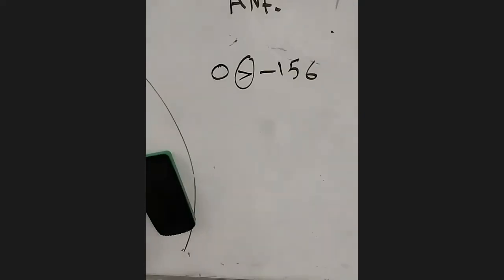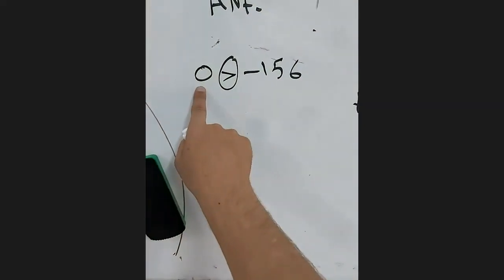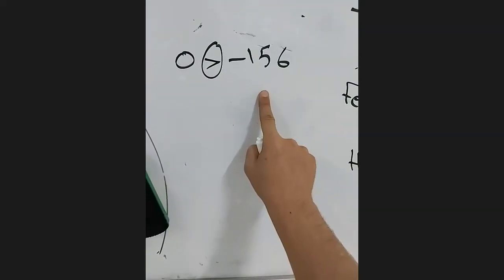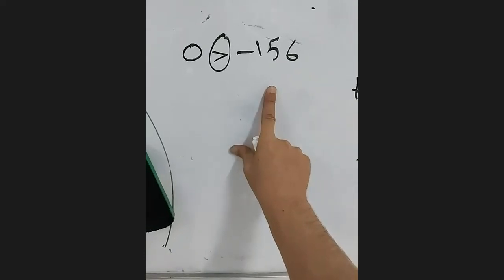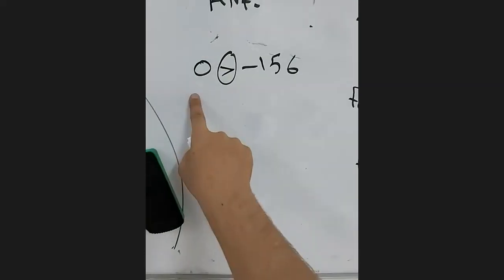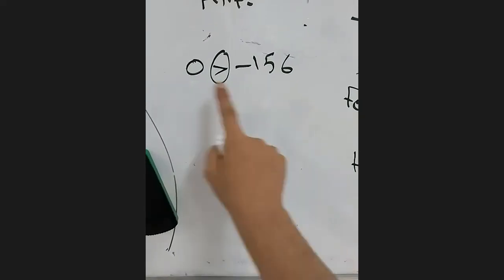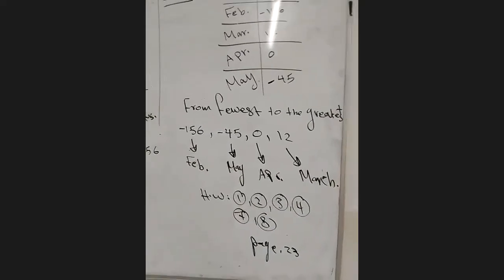Which one is best for you, to not lose or gain any money, or to lose 156? Not losing is better than losing, right? Yes. So 0 is bigger than this number for sure. Got it?